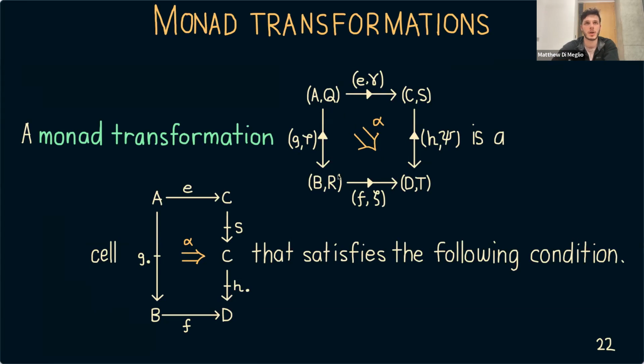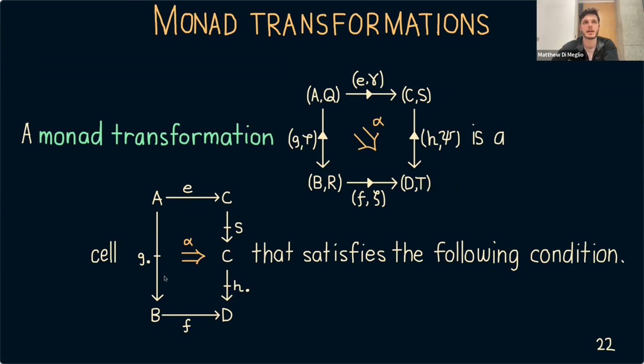A monad transformation is going to be a cell of this particular shape. It involves G on the left, E on the top, F on the bottom, and H on the right. It also involves S, the monad up in the top right corner here.